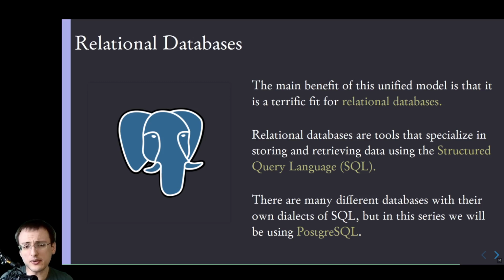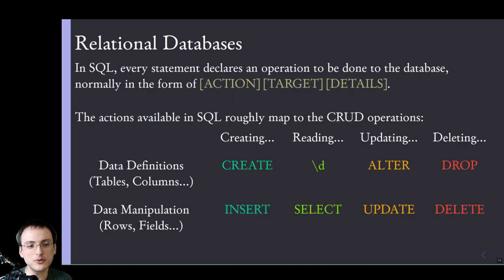The last thing that I want to leave you with is kind of a mapping, a lay of the land of this structured query language. So in SQL, every statement declares an operation that you want to do to the database. And usually it's in the general form of an action on some target with some details.